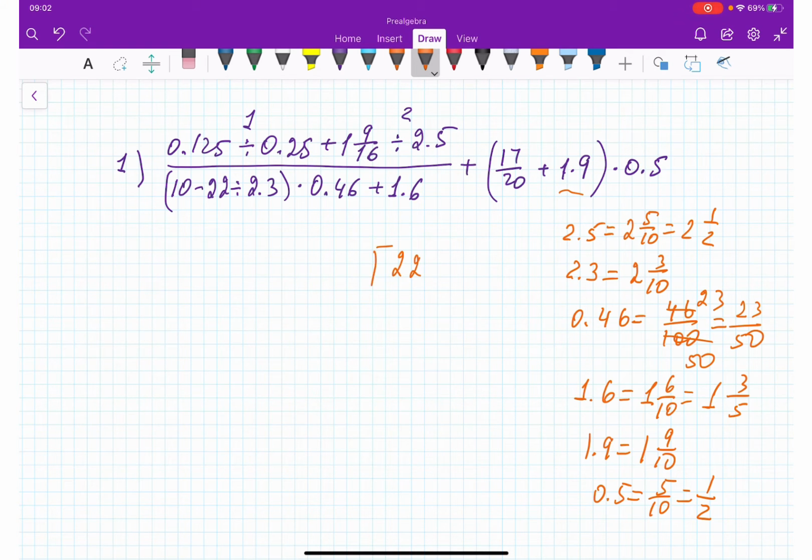Let me do this drafting. 22 divided by 2.3, which means I am moving by one position to the right. I can't divide by decimal notation. So I'm getting 23, moved by one position, and 22, accordingly, I'm adding a 0. 22 is not divisible. Yeah, that's it. We are stuck.